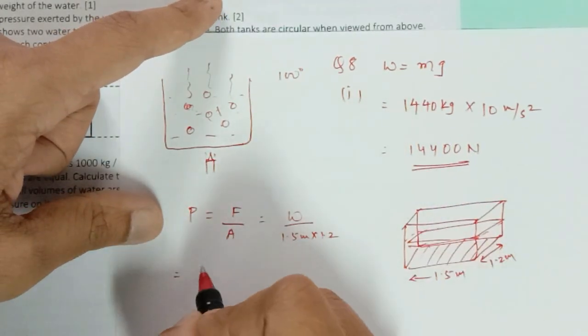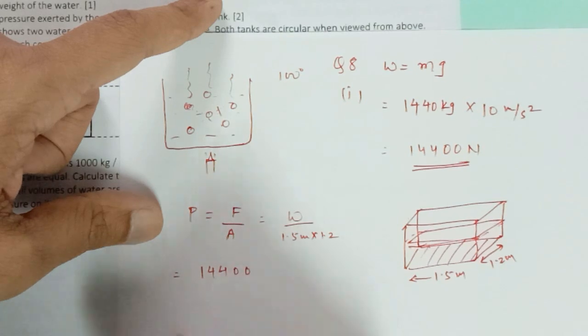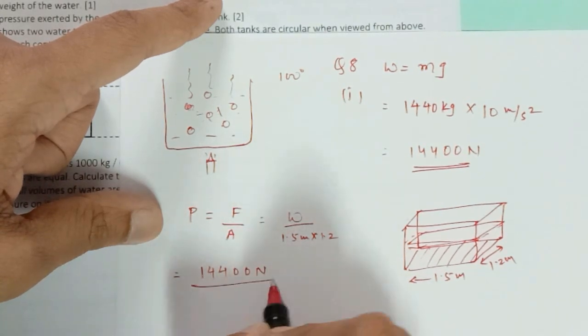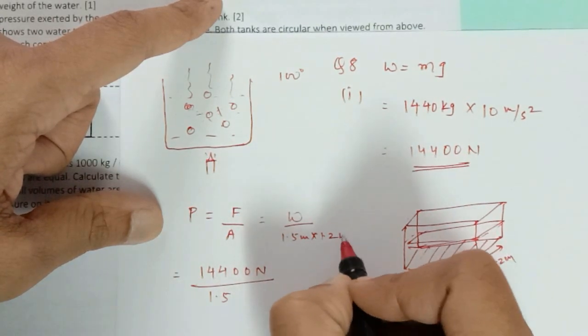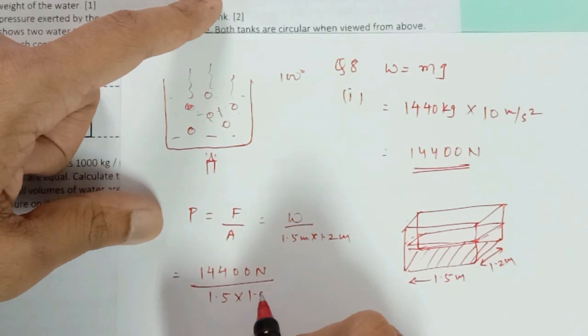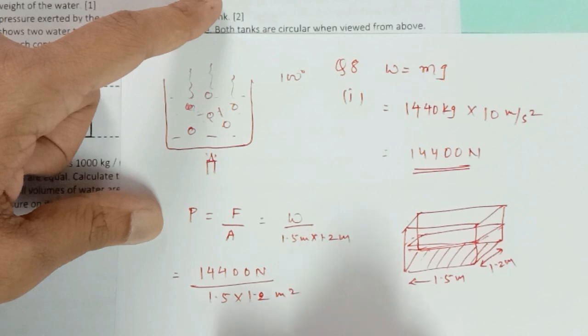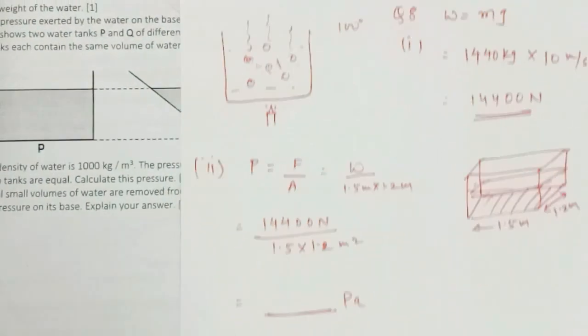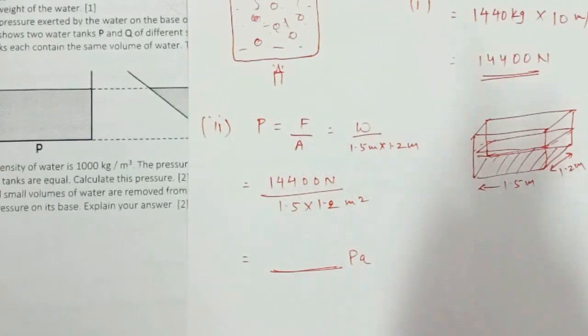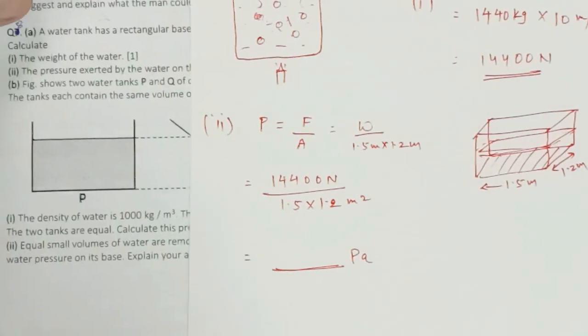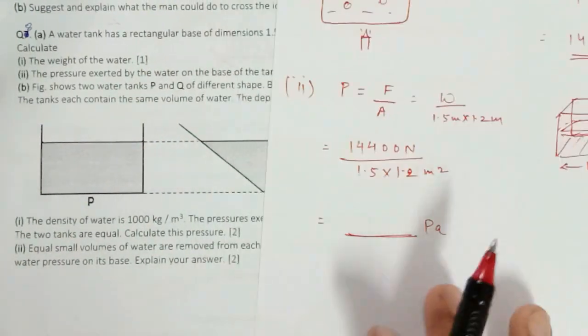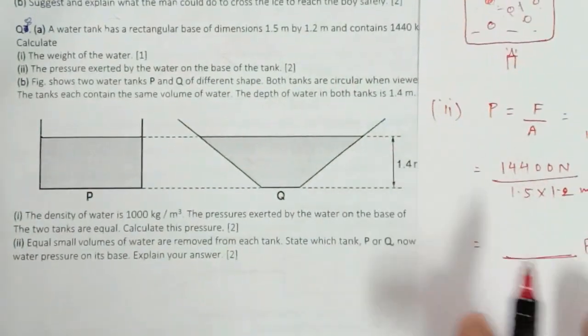So the weight is given as 14400 Newton upon 1.5 into 1.2 meter square. Newton per meter square is pascals. I think if you calculate, you will get your answer, right? So this I am leaving on the numerical ability of my viewers, and moving on to the next part.